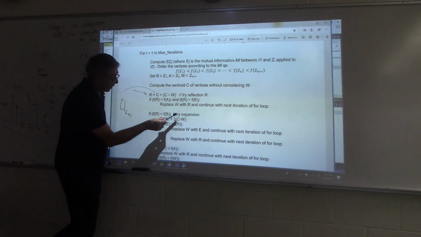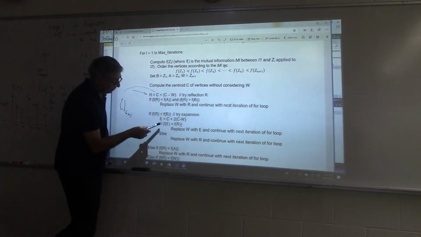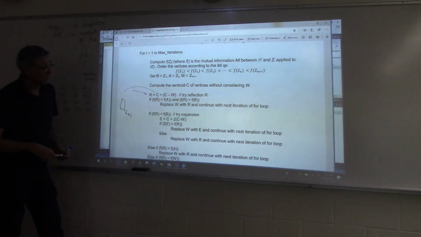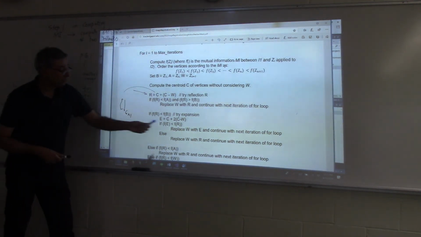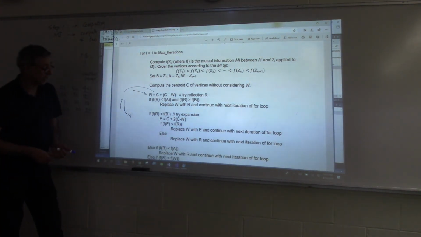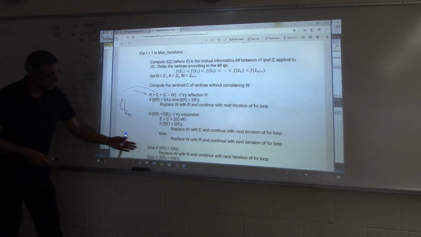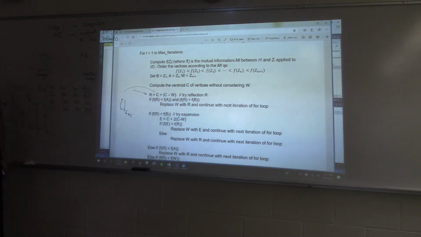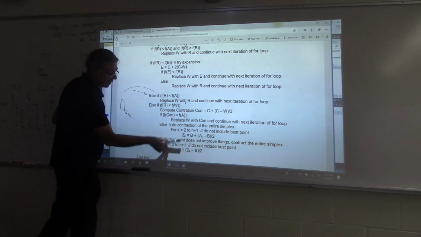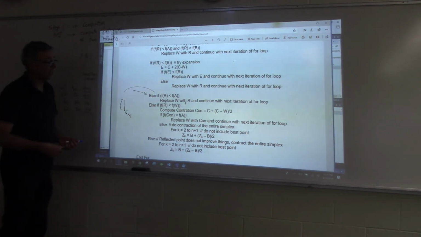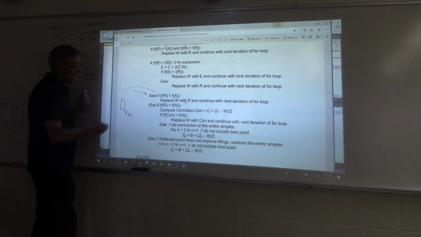And then we try the expansion. If the cost is still lower, we replace W with the expanded node and continue on. Like I said, there's a contraction if neither one of them is improving, so then we do the opposite. These are vector operations, and we basically keep repeating this.